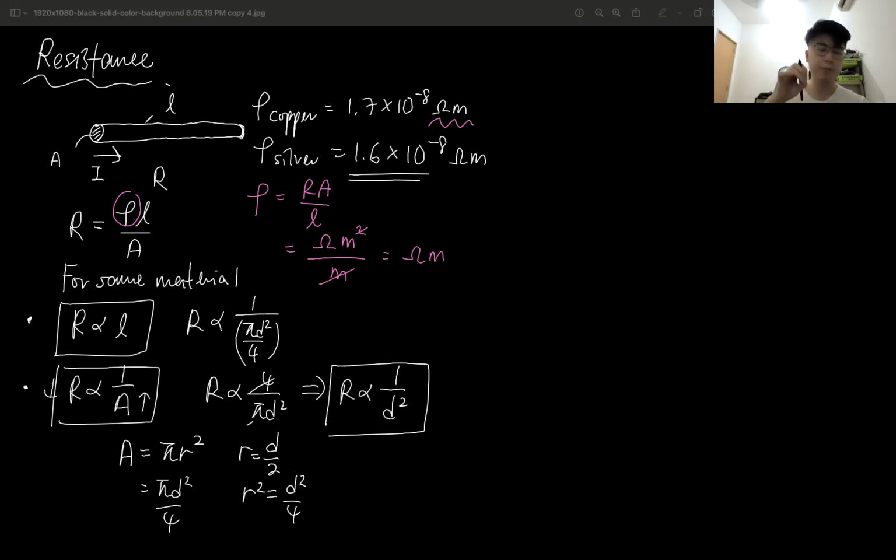Because different materials have different resistivity, they are used in making resistors. Let's say we have a resistor that is made of nichrome, shaped like this.